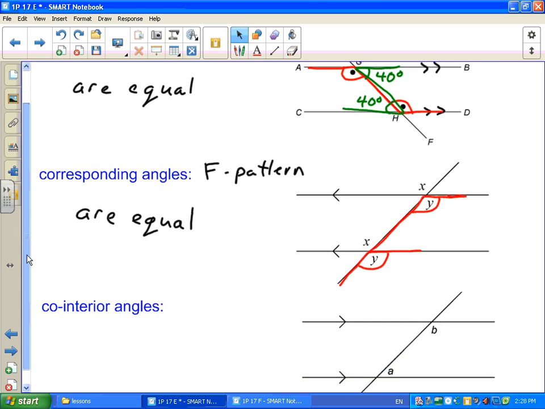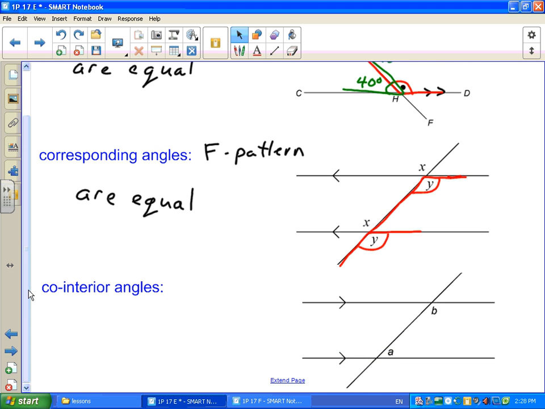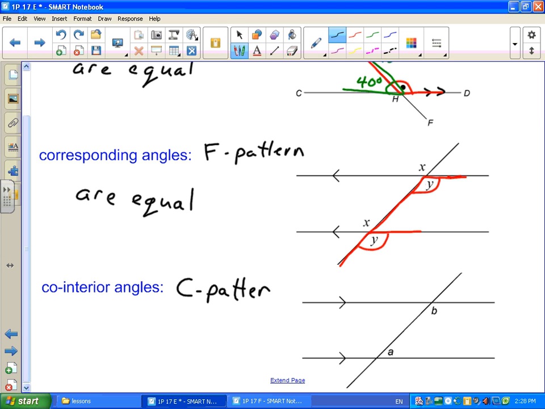The third pattern is they're called co-interior angles. This is sometimes called the C pattern. Because if I look at these two angles, A and B, they're sort of inside this little backward C that we've got here. Okay. So angles that are inside that C like that add to 180.